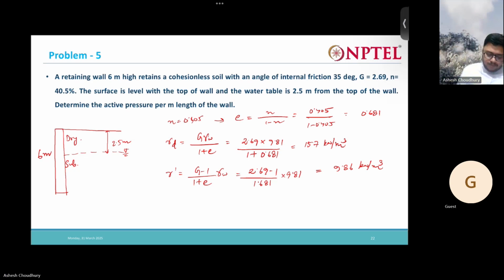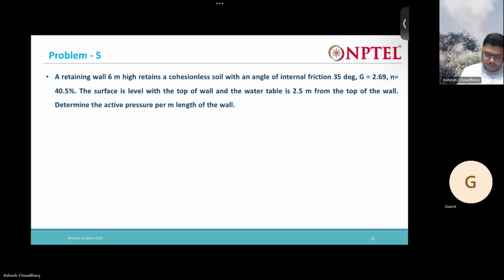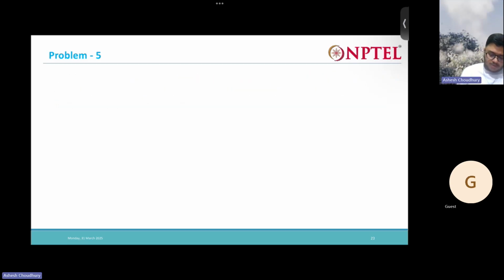Okay. Now for the top, it's dry. It will be what? Ka gamma D times 2.5.